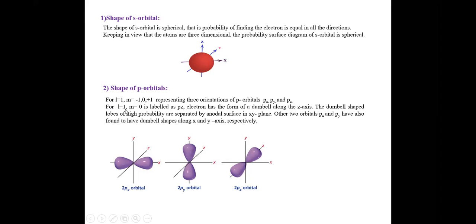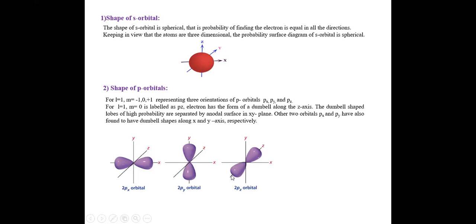If for l equal to 1, m is equal to 0, then it is labeled as a pz orientation, and the electron has the form of a dumbbell along the z-axis.